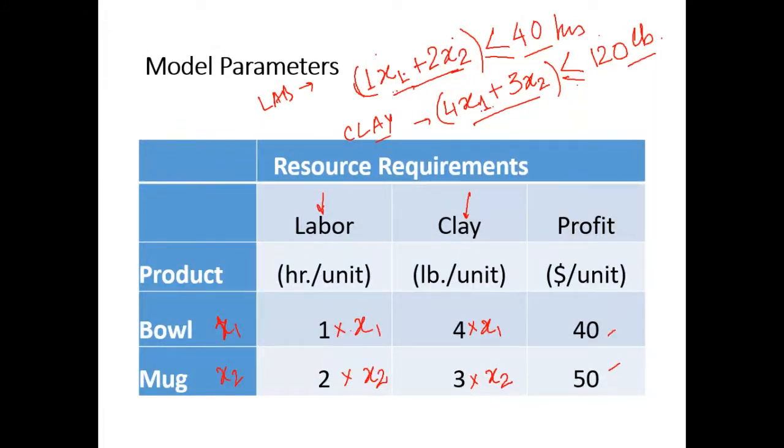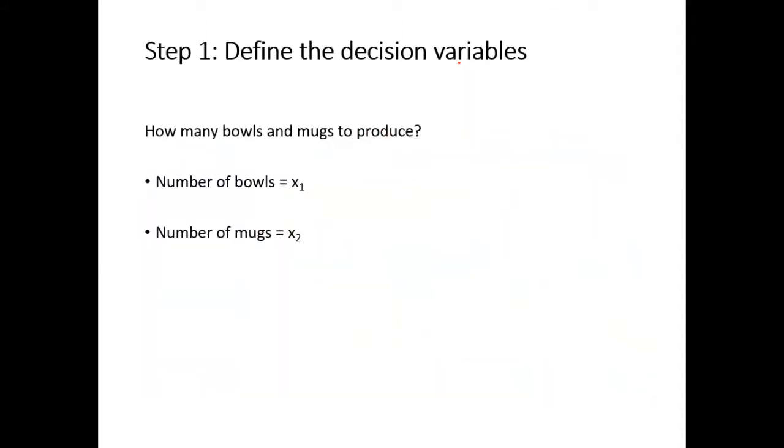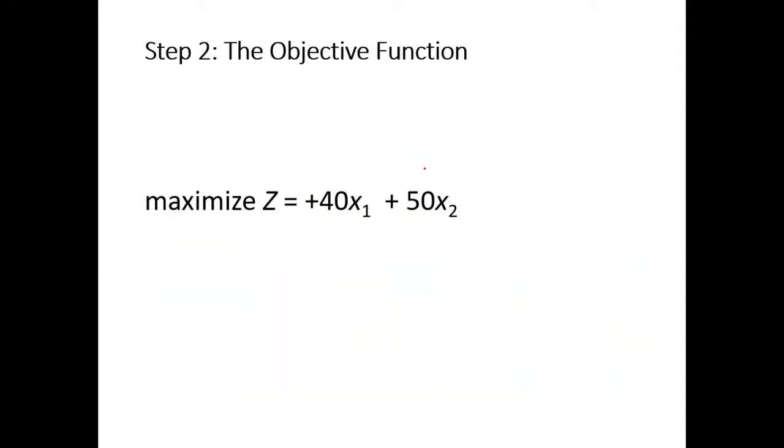And for labor, 1x1 plus 2x2 must be less than or equal to 40 hours. Now we have all the equations ready. Maximize Z is equal to 40x1 plus 50x2. Why are we writing plus on both?